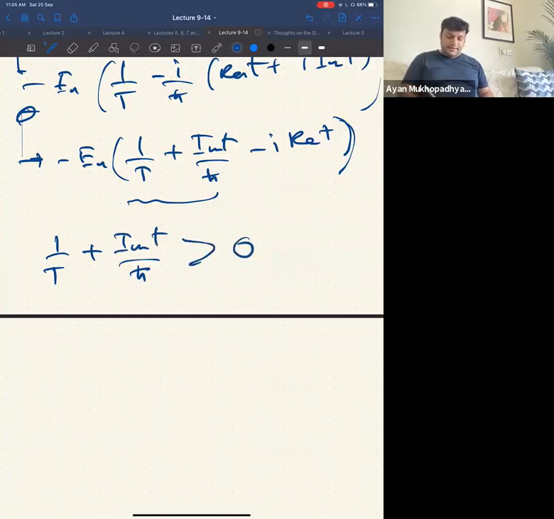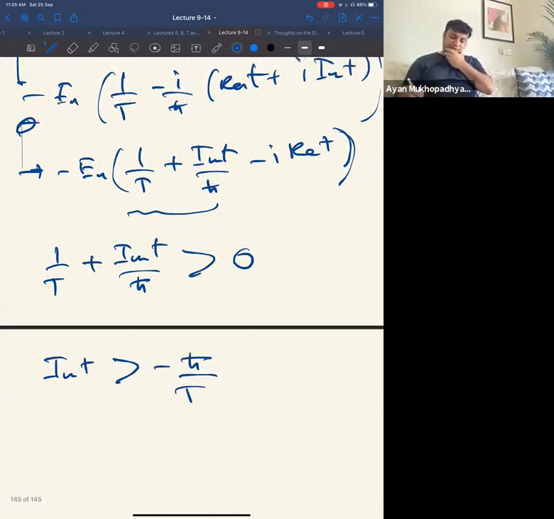Which means that imaginary t has to be greater than minus h bar by t. But we also already know that imaginary t has to be less than 0.